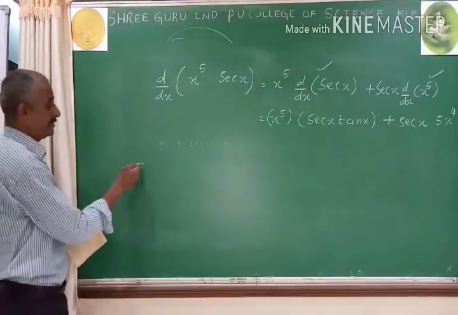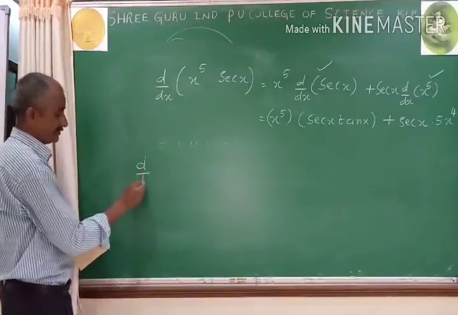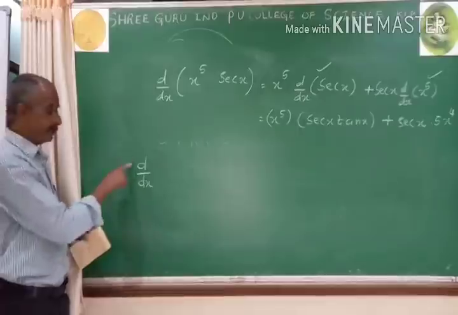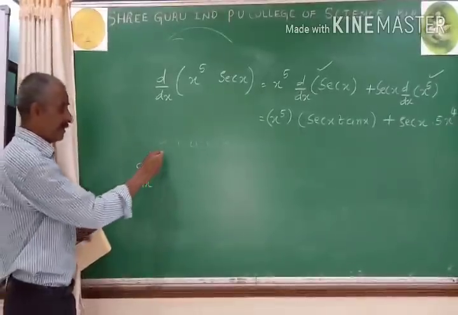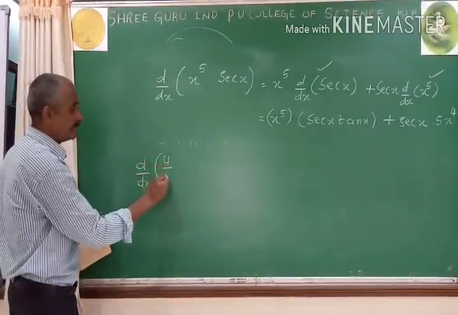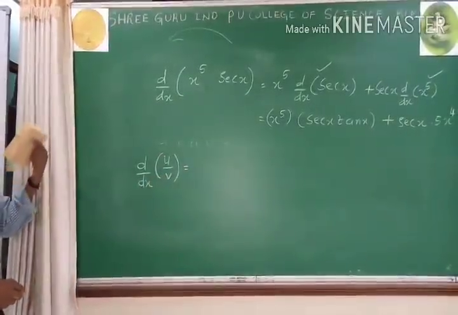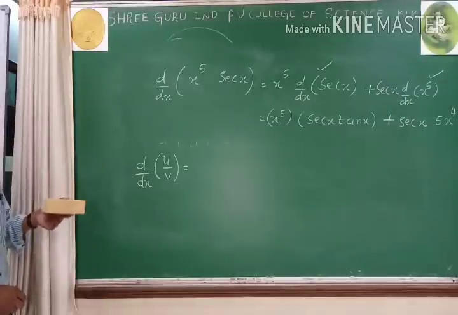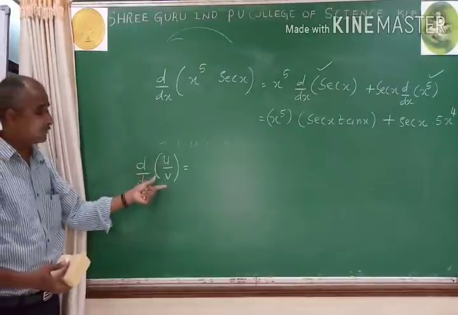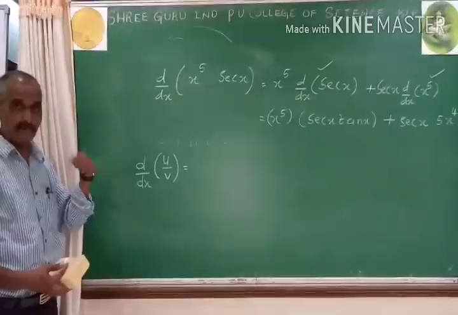What it says is that d by dx, meaning derivative with respect to x, of the function u divided by v. Last one was u into v, so this is u divided by v, nothing but u quotient with v, that's why it is called by the name quotient rule.